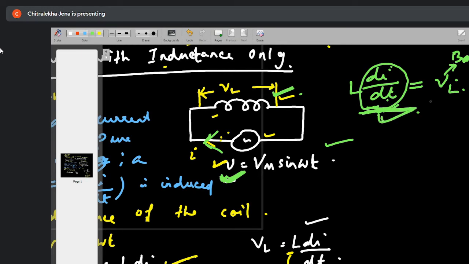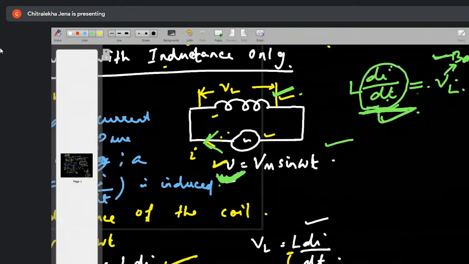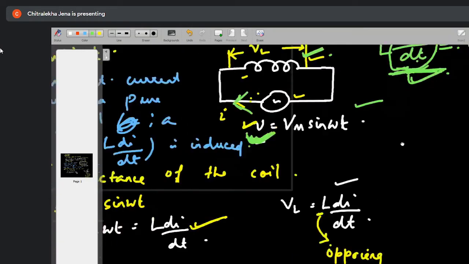At every instant, this back EMF will oppose the supply voltage, because the cause producing the back EMF is the supply voltage only. Understood? So that is your Lenz law.